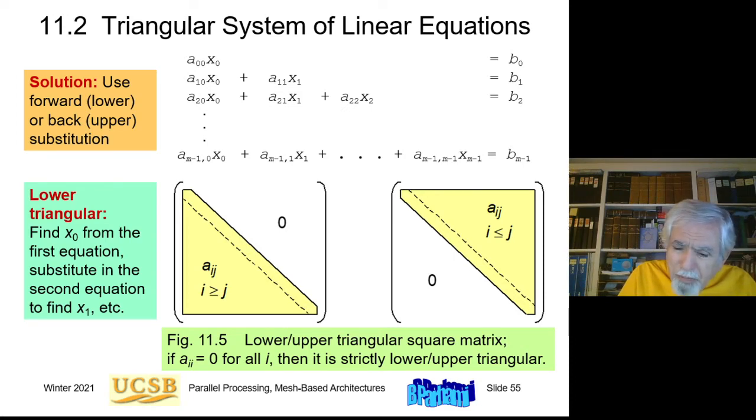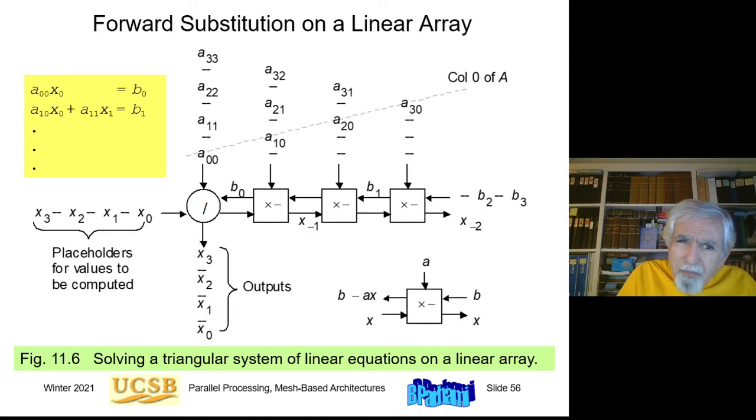Later we'll divide it by a11, which occurs here. So in the next cycle, a11 comes in. So this value, which is no longer b0 but now b1 minus a10 x0, is divided by a11 to give you x1, and so on and so forth.